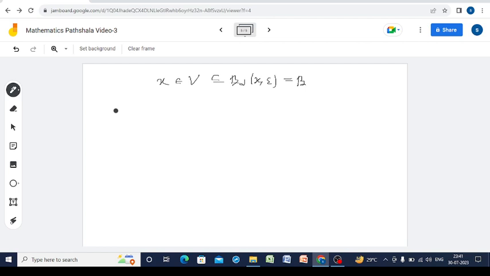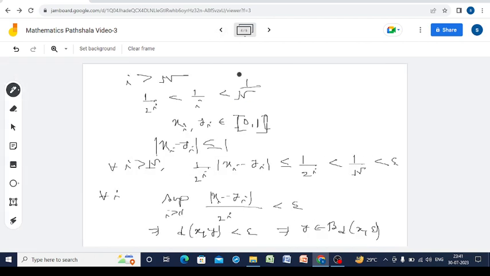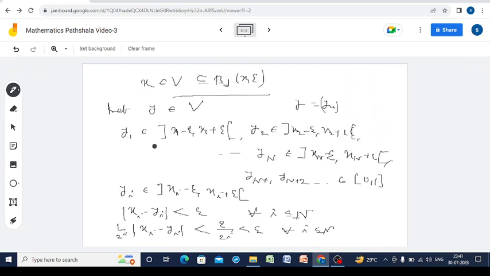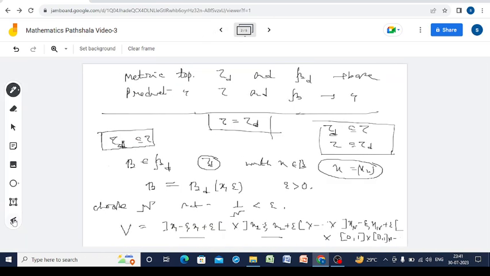And see also the structure of our V. This is the structure of our V. See, the first coordinate is an open set in the closed interval [0,1] as the subspace topology. The second one is an open set in the closed interval [0,1] as the subspace topology, and this is also an open set in the closed interval [0,1] as the subspace topology, and the rest are the whole sets.